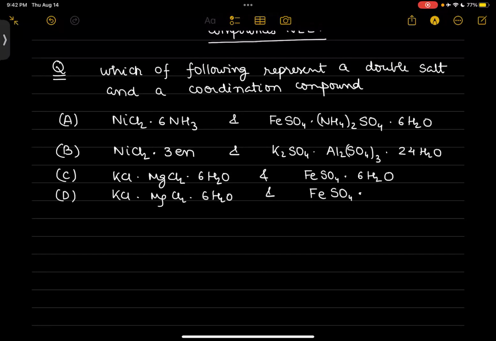You need to identify the set representing a double salt and a coordination compound respectively.